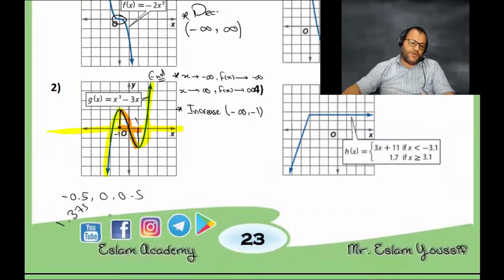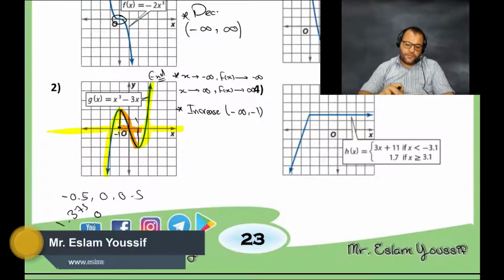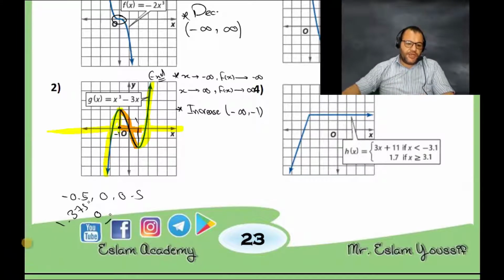The answer would be 0. Now we change it to 0.5. Use a calculator, please, to understand what I'm writing now. The answer is -1.375.